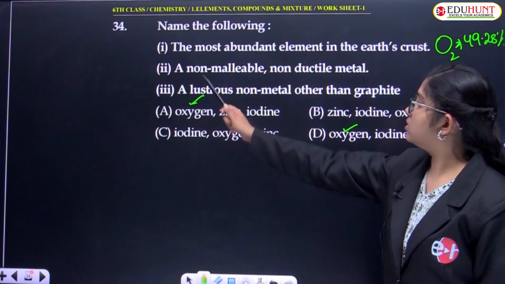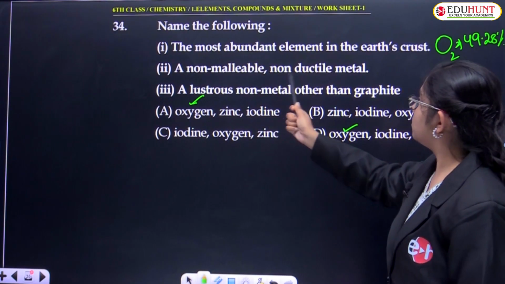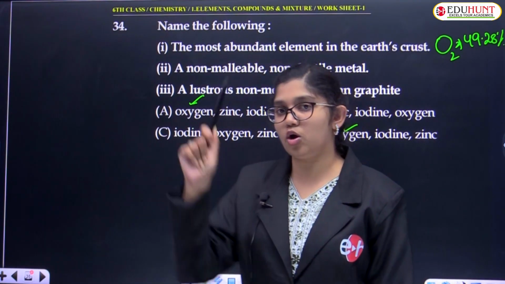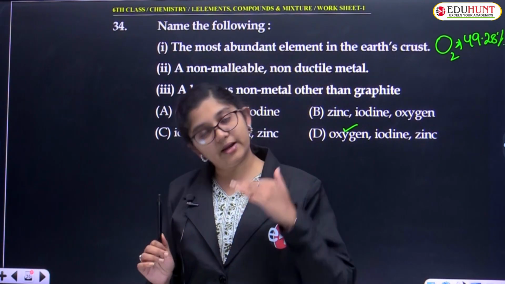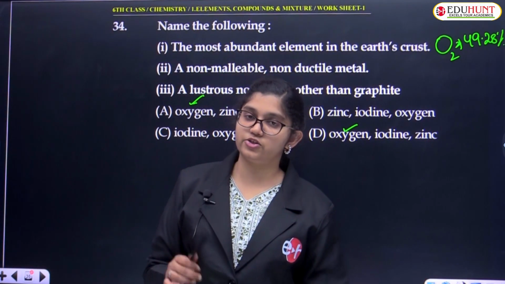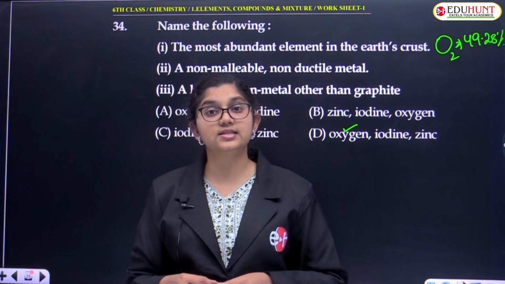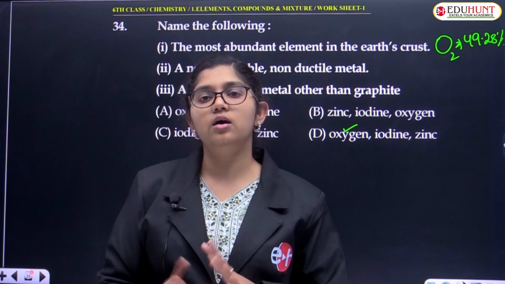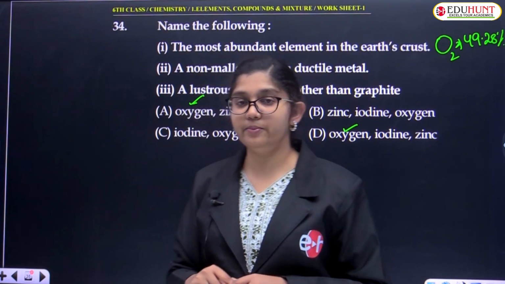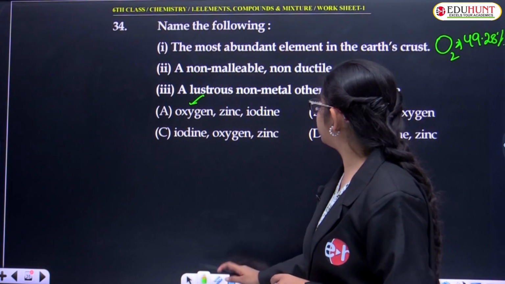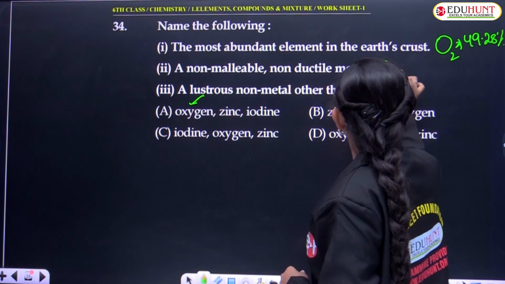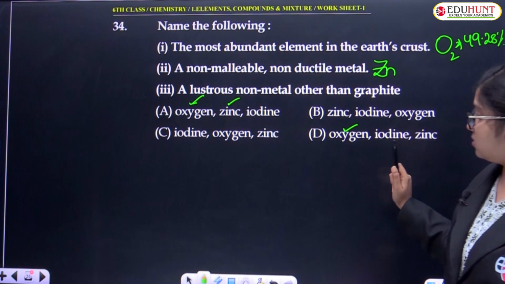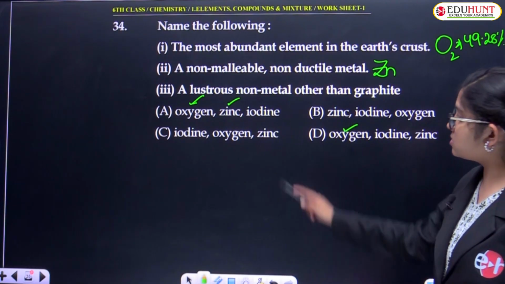Option 2: a non-malleable, non-ductile metal. This is an exception in the metals category. All metals are malleable and ductile in nature, but there is one exception, that is zinc. Zinc is not at all malleable or ductile, so we'll go with zinc, not iron.